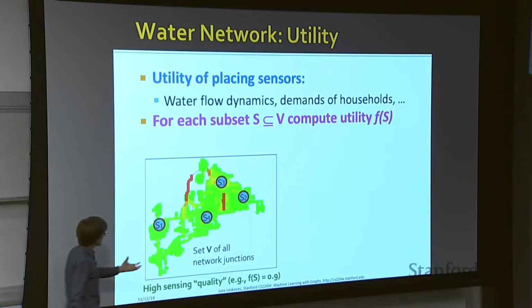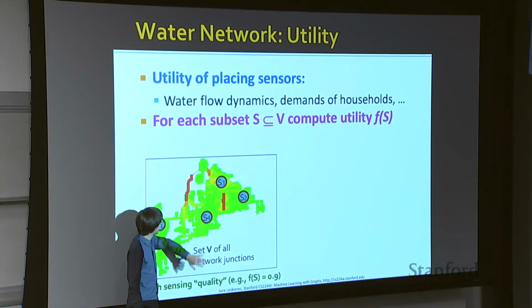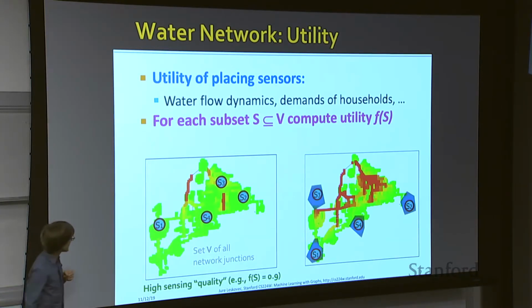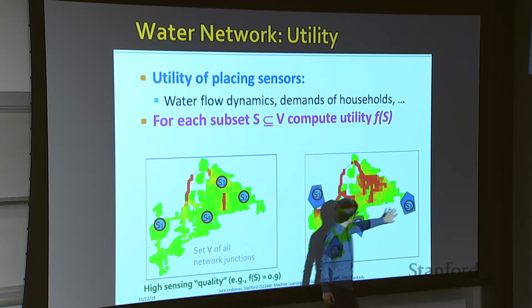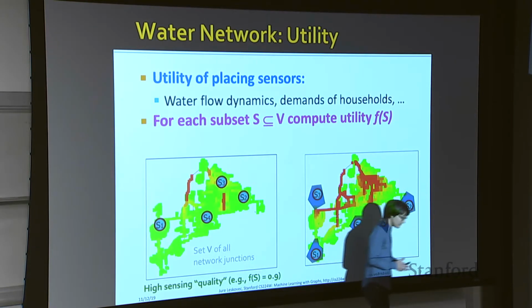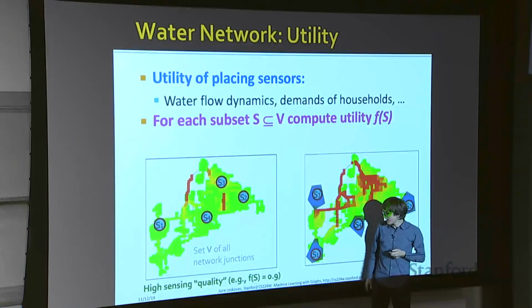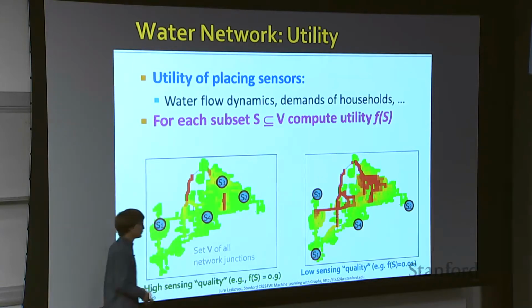This would correspond to the high quality of our sensing because it's nicely distributed across the network. But if we were to place sensors in different locations, let's say very much in the periphery, then these sensors would cover much smaller areas, so the quality of this sensing would be low, right?